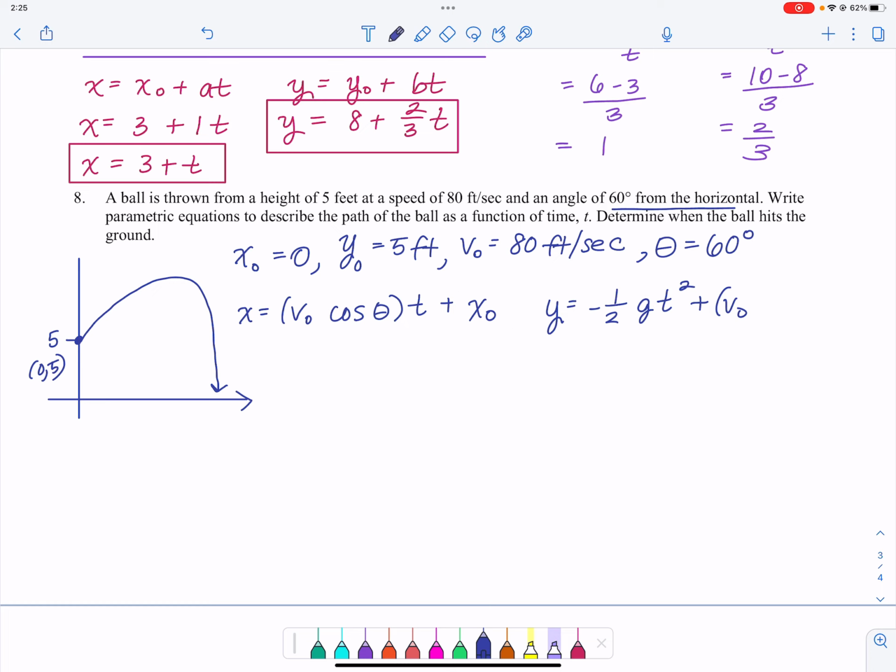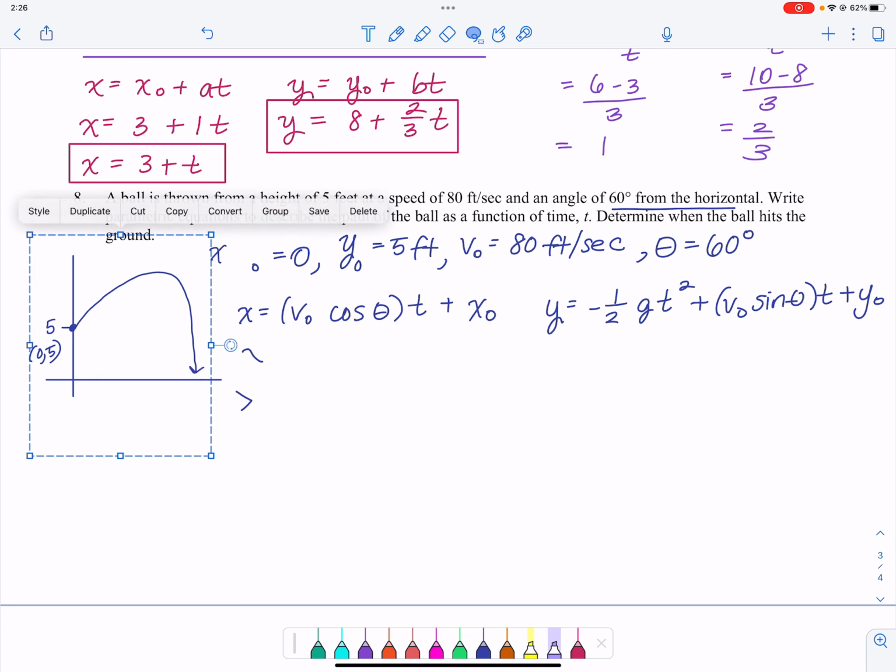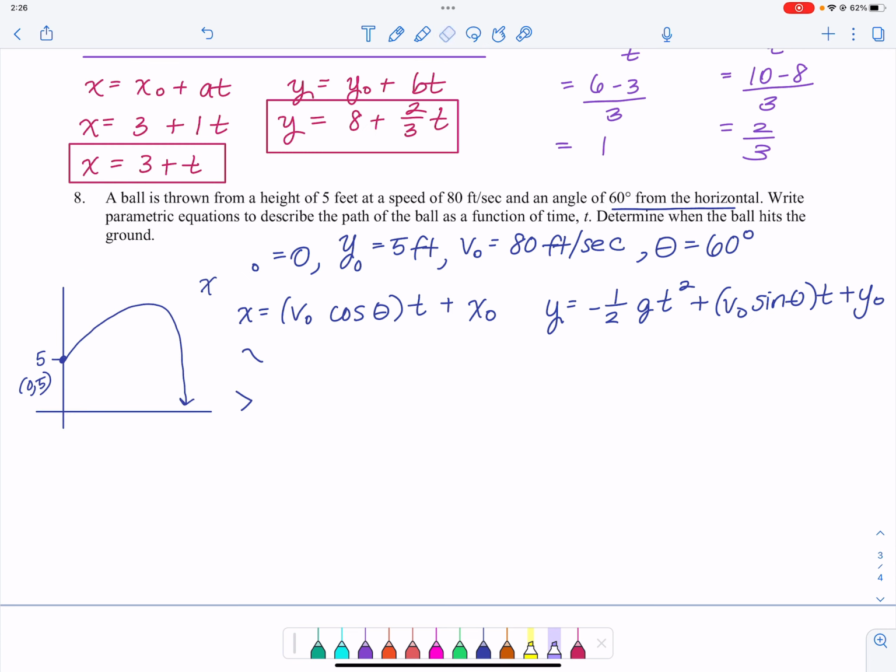And let's continue. Sine of theta times t plus y sub 0. Let's go ahead and get these written down. And I could make this sketch just a little bit smaller and maybe move it over here just so that we have some room.